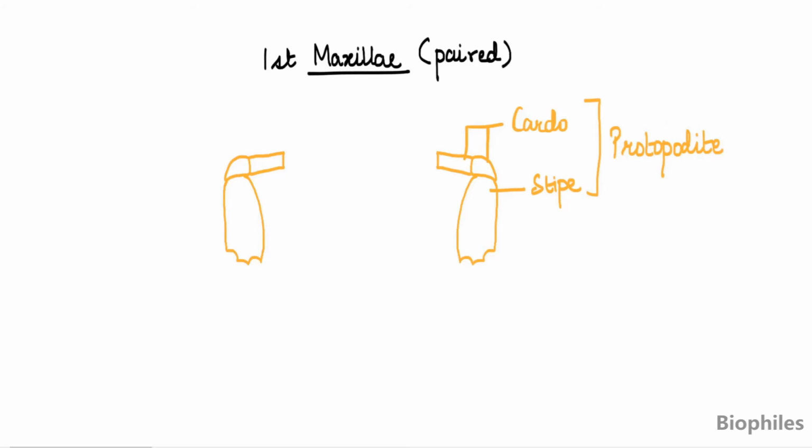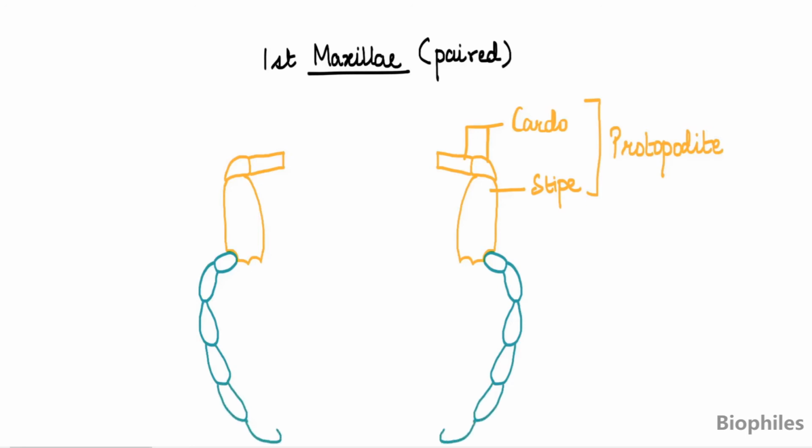From the stipe towards the outer side, the first segment of the exopodite will arise, and this segment is called palpifur, and from the palpifur 5 more segments are going to arise, and each of these segments will make up the maxillary palps.